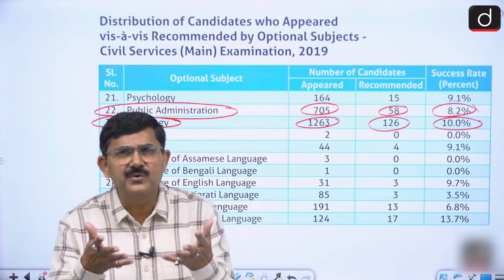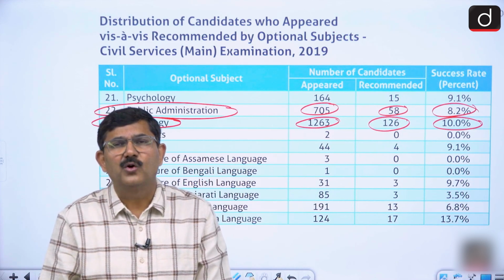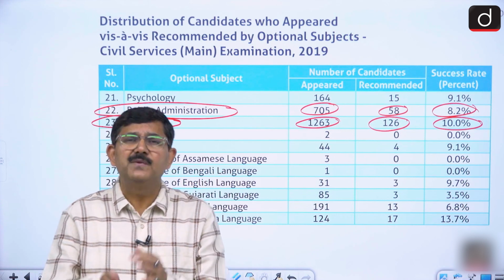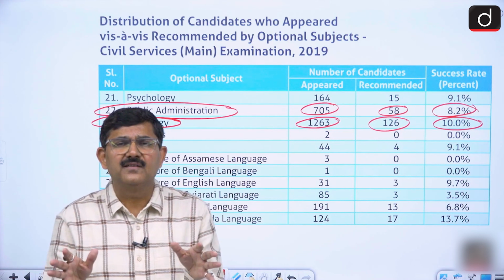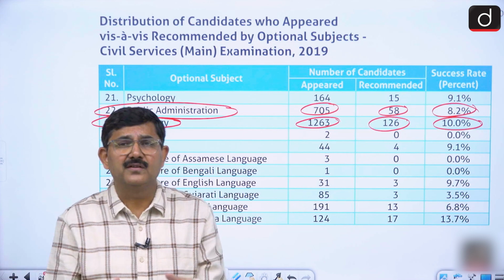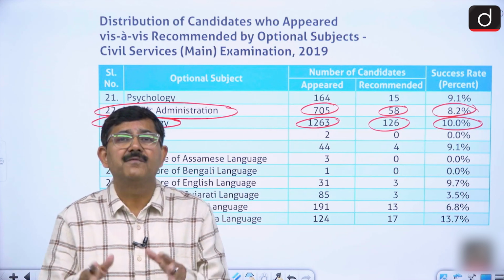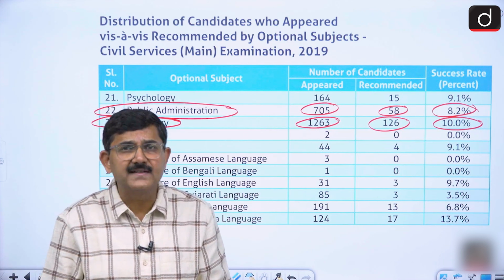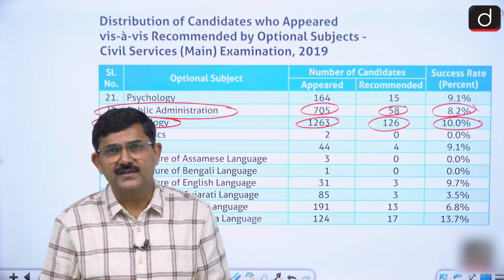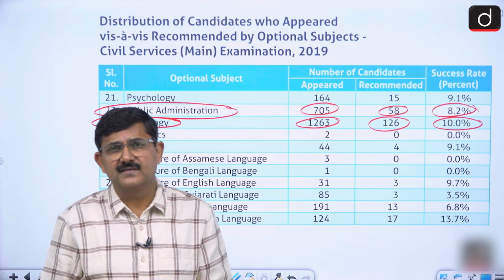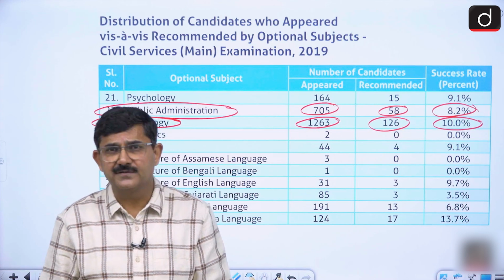You don't need to think over it. Everything is going to make your study very comfortable, and for all these reasons, sociology is definitely one of the finest subjects for the civil service examination.